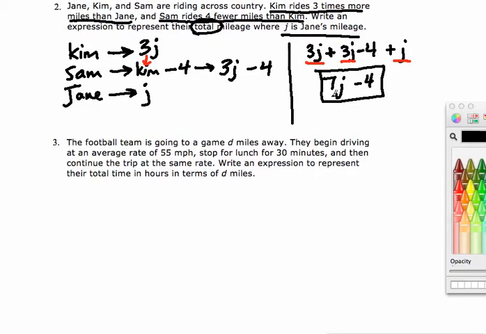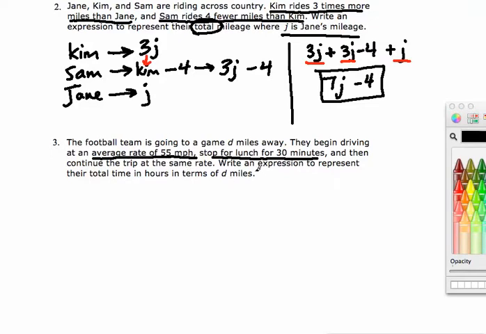Our last question is even a little bit more difficult. So let's read through it first. The football team is going to a game D miles away. They begin driving at an average rate of 55 miles per hour. They stop for lunch for 30 minutes and then continue the trip at the same rate.